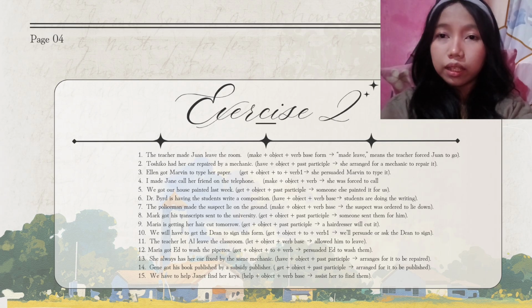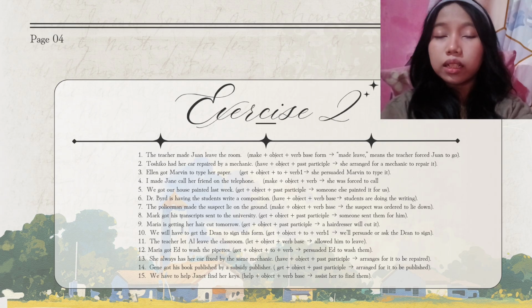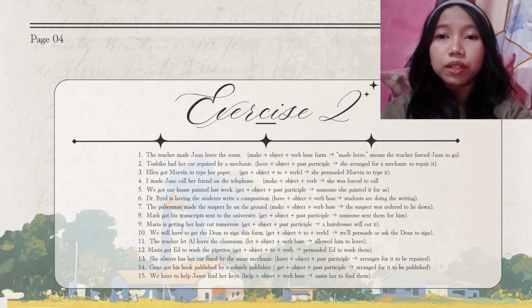After get, we use to plus base verb. So Ellen didn't type the paper, but Marvin did it for her, probably because she asked or persuaded him. That means Ellen persuaded Marvin to type her paper.